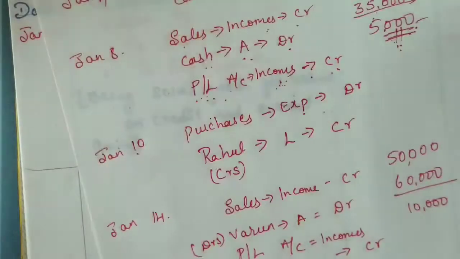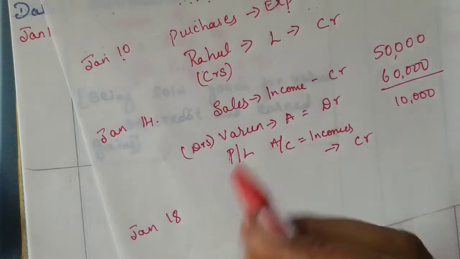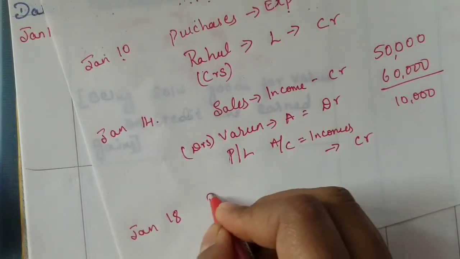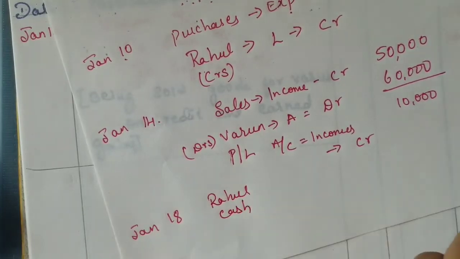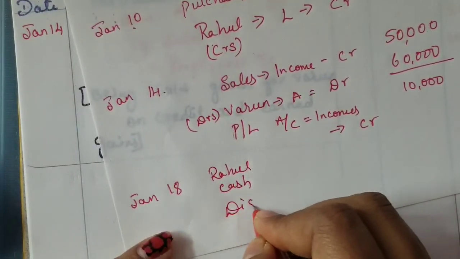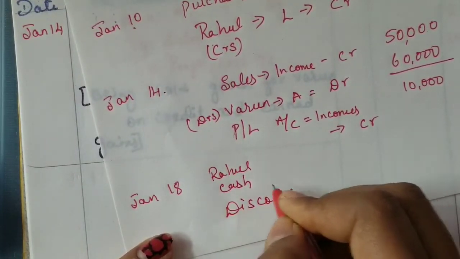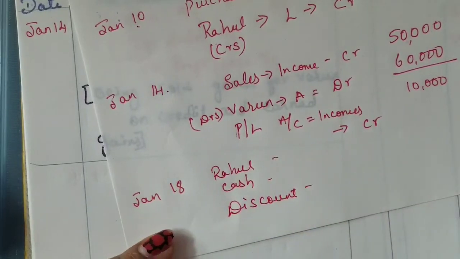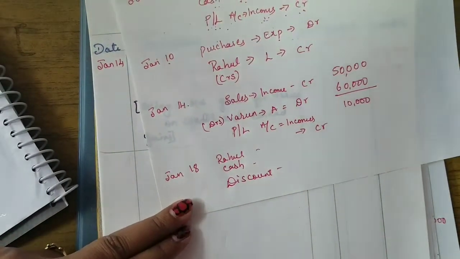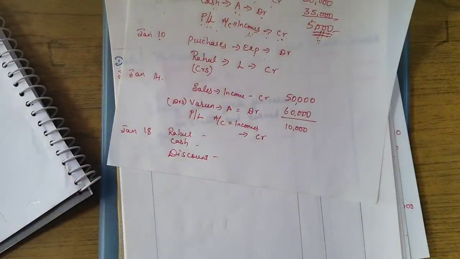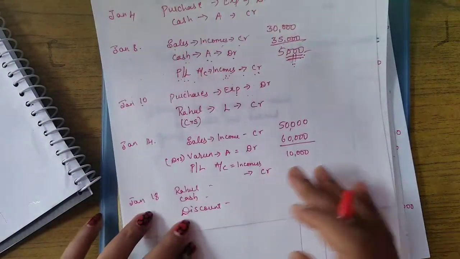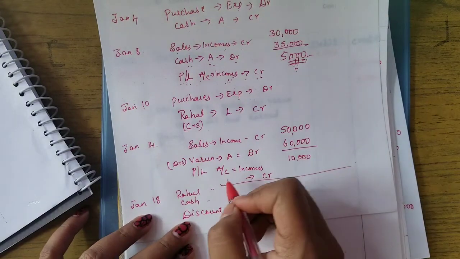So here we are taking Rahul as one aspect, cash as one aspect, and discount as another aspect. There are three aspects. Okay, are you able to follow me?